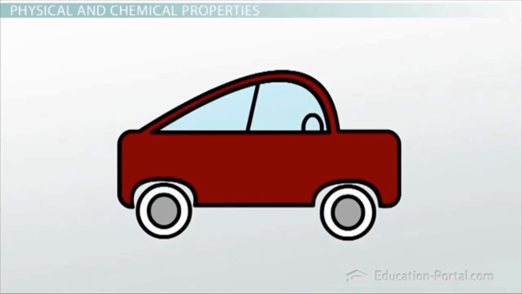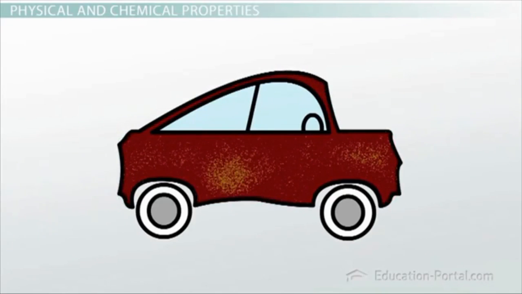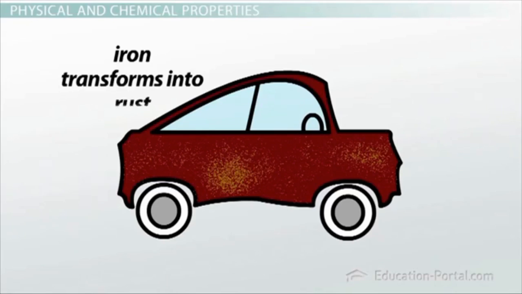But what happens if we fast forward 10 years? Now what does your car look like? Chances are that it may be starting to form some rust. Unfortunately, the iron that was used to make your car is not the most stable of the metals. When it is exposed to oxygen, it transforms into rust.